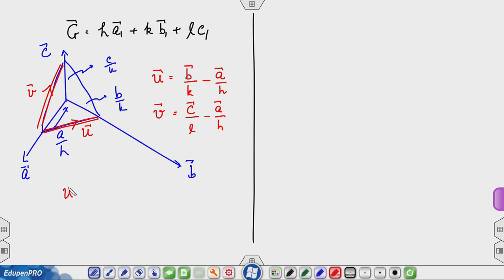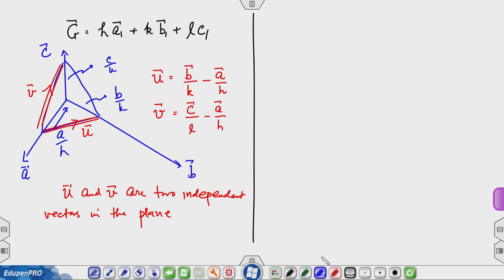So, U and V are two independent vectors in the plane. If I show a property for these two vectors, that is going to be true for the plane also, because they are independent vectors. So, if I can show that G is perpendicular to U and G is perpendicular to V, then it is perpendicular to the UV plane.